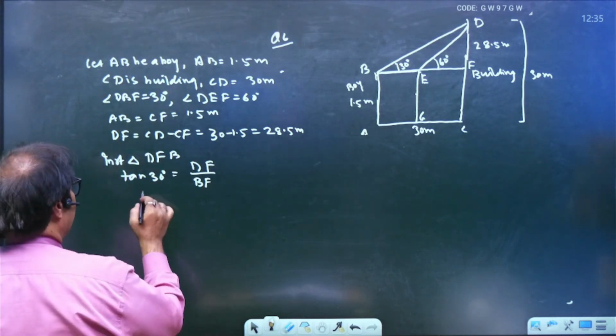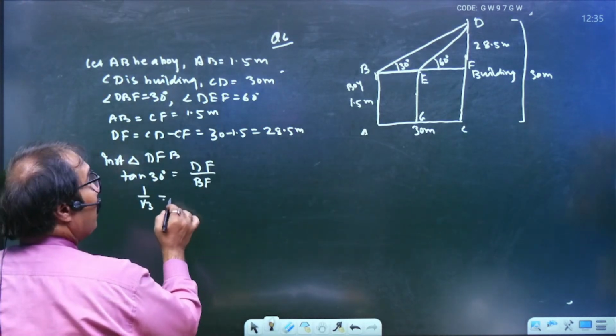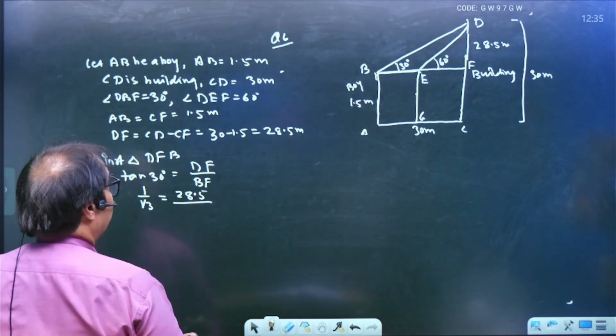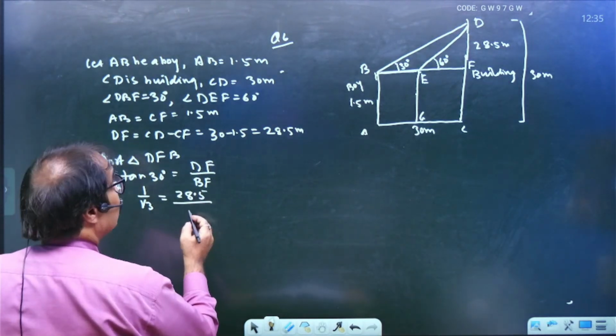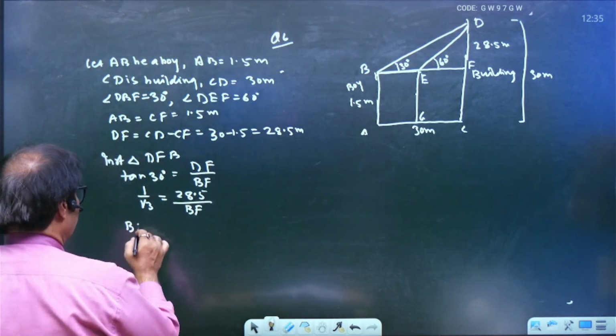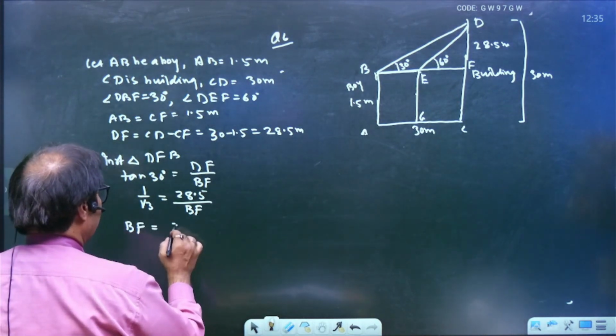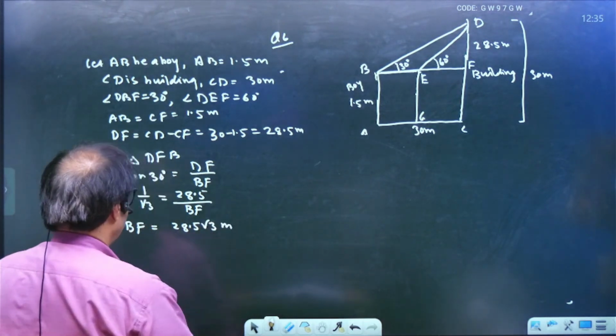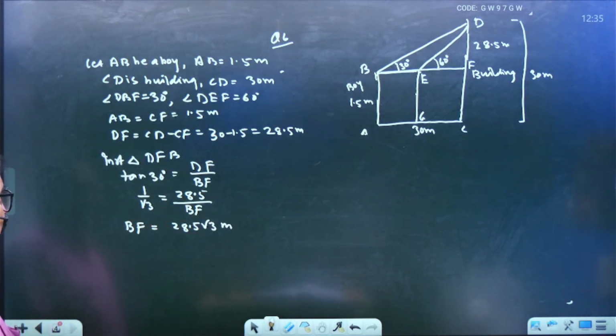So tangent 30 is 1 by root 3 and DF is 28.5. BF is what we have to find. By cross multiplication, BF is equal to 28.5 root 3 meter. This is the value of BF.